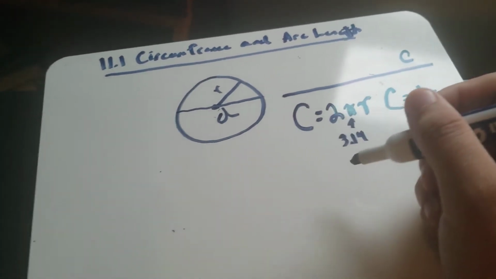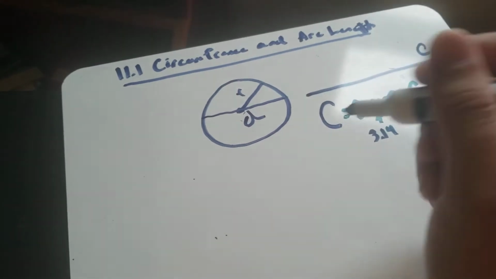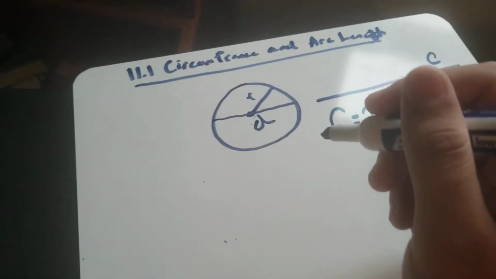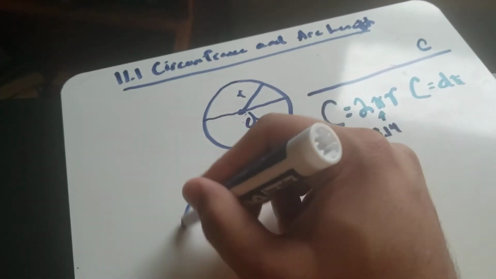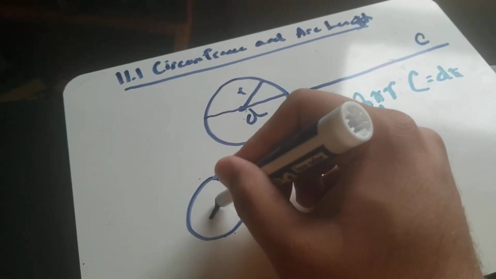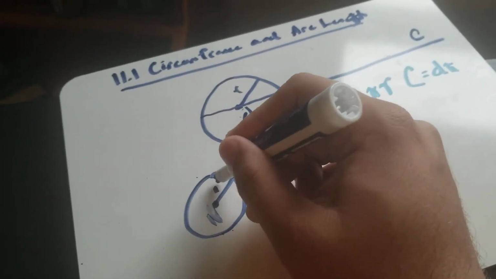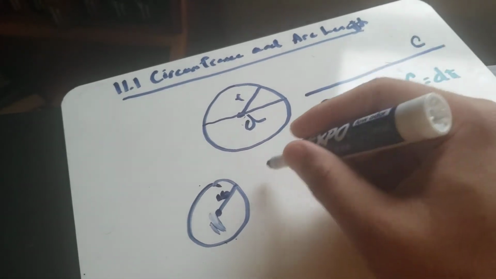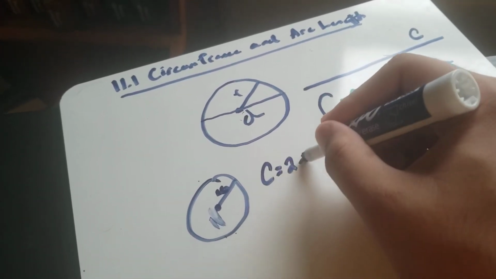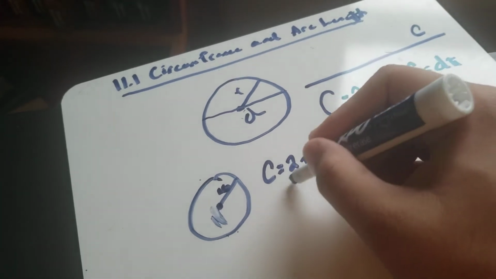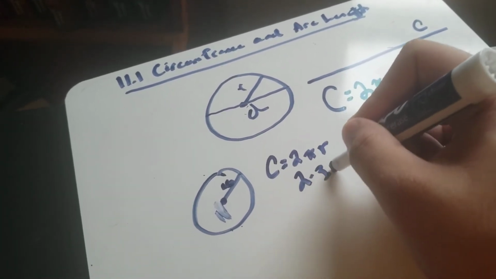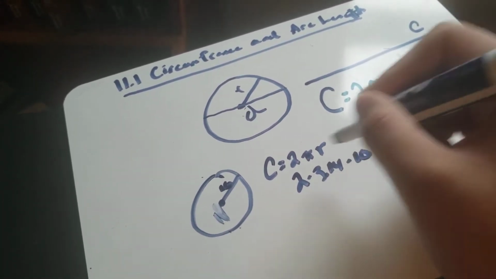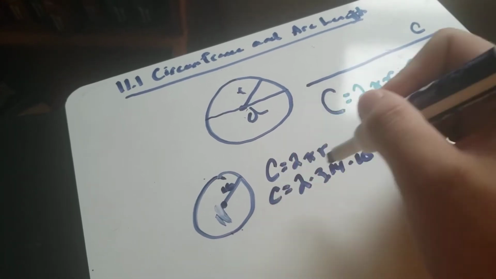So there's a couple of questions I could ask here. First off is, what if you have a circle whose radius is 10? How big is the circumference? Okay, well, the circumference equals 2 pi r, 2 times 3.14 times 10 equals circumference.